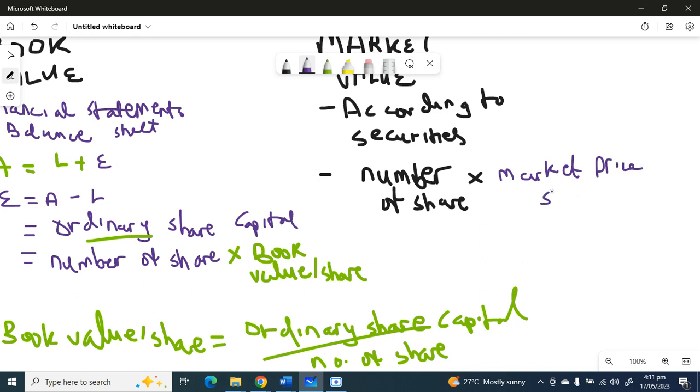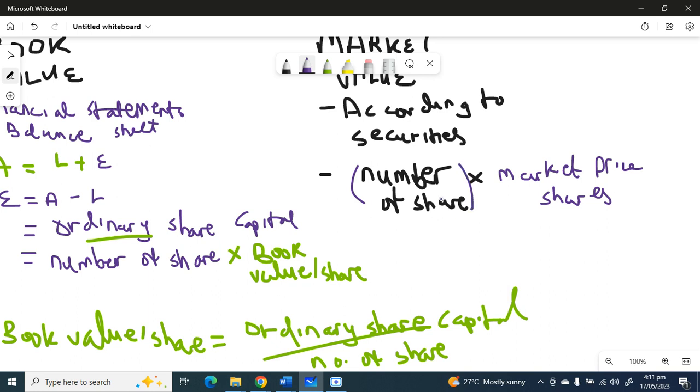All right. Once you do this, this gives you the market value of equity for a company. Now, sometimes in questions dealing with the weighted average cost of capital, you might not be given the number of shares.